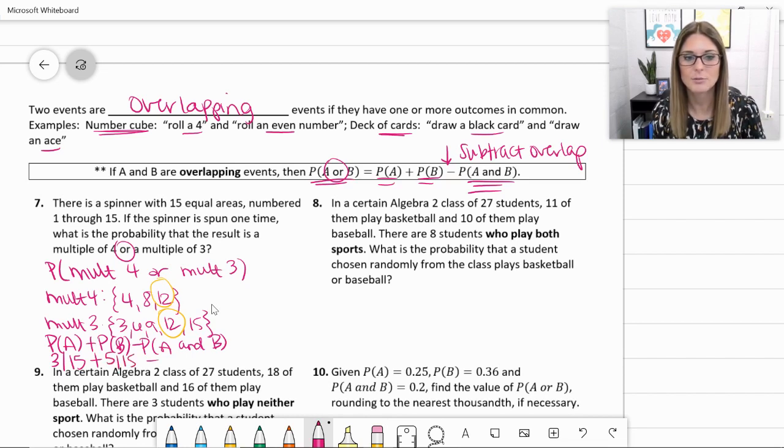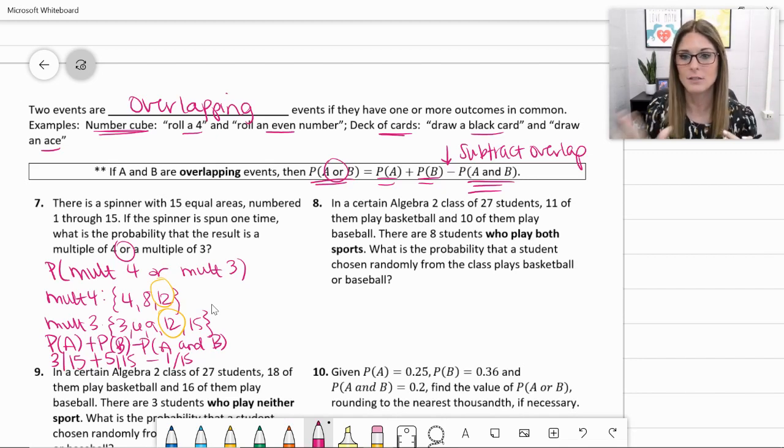And then we are going to subtract away that one outcome that they're sharing in common, the 12. Subtract one possibility, the 12, out of 15. So we have 3/15 plus 5/15 minus 1/15. Because if I count these all up, if I'm counting 12 twice, there's not two 12s on the spinner. There's not twice as much chance of spinning a 12. There's only one 12 on the spinner.